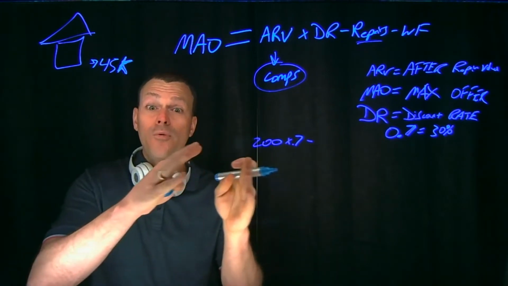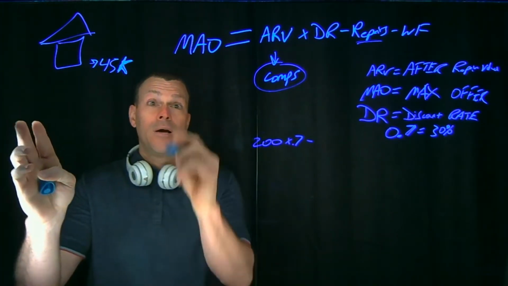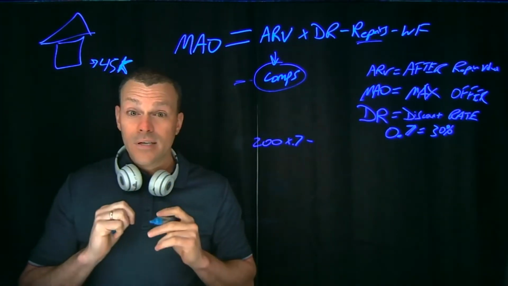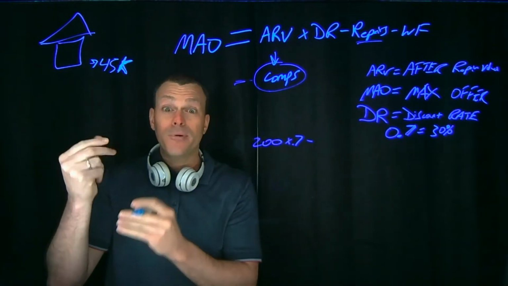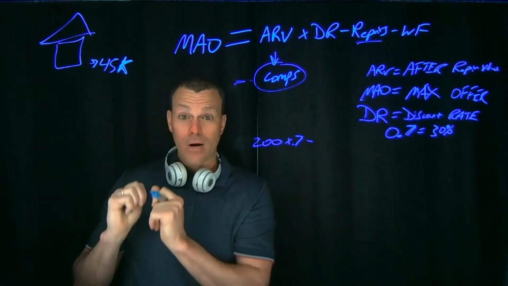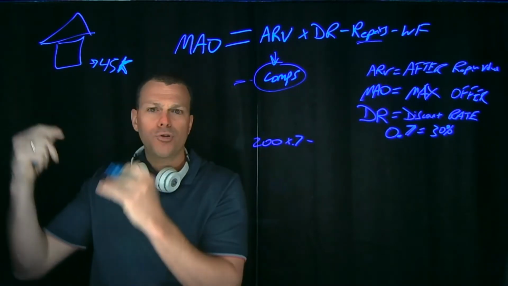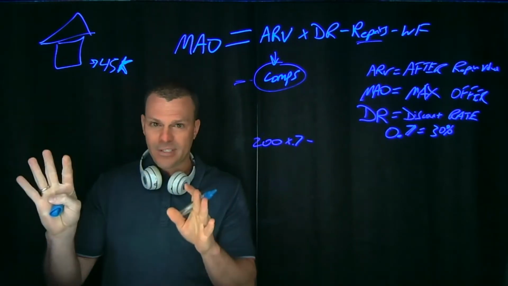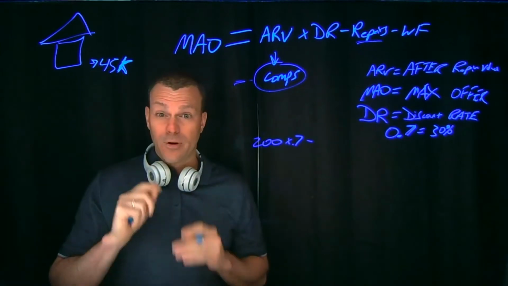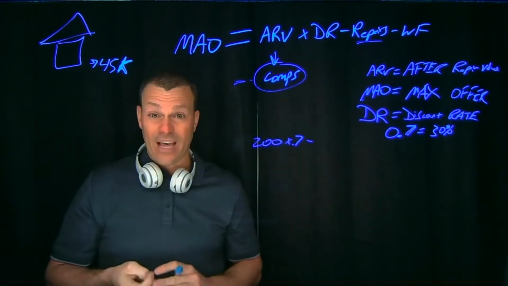But we know that when we fix this property up, because we have comps showing that similar properties in the area recently sold, and they're similar, both 2-story 3-2s, something simple like that. But the repairs are going to be $45,000.